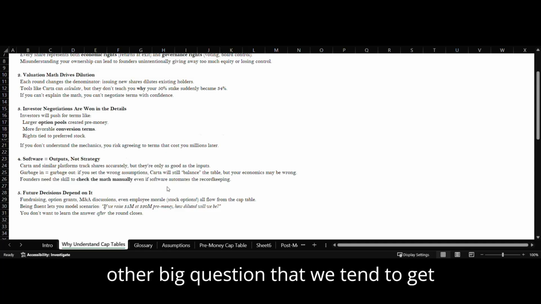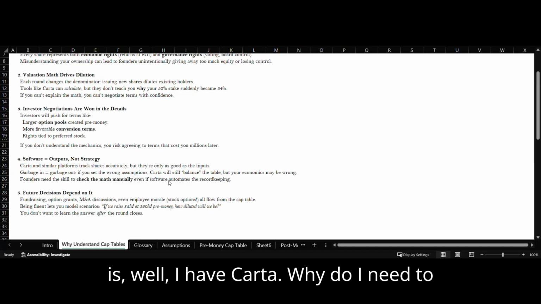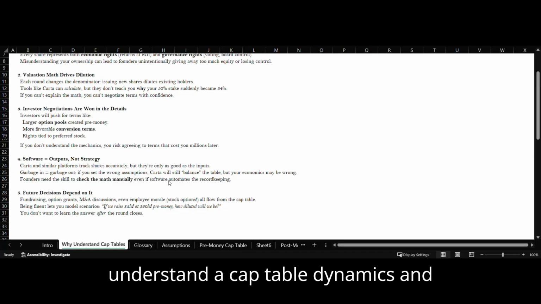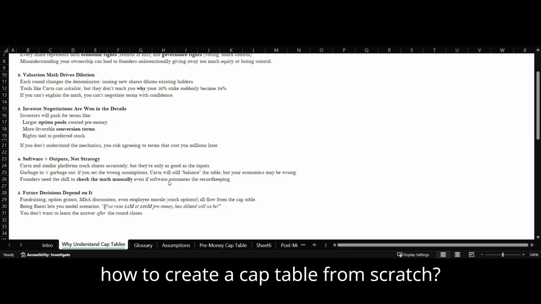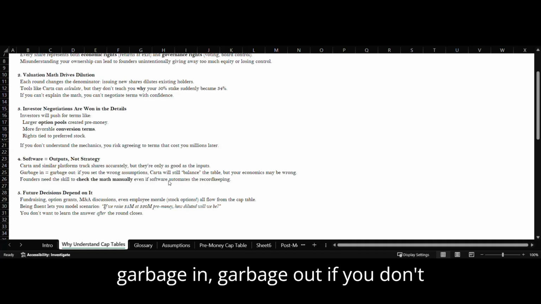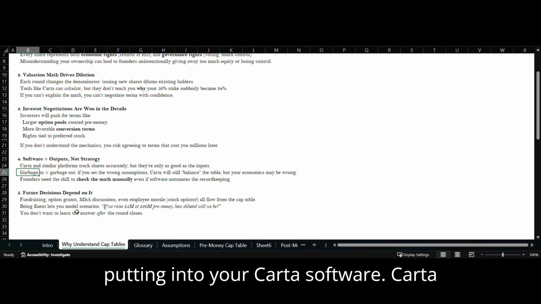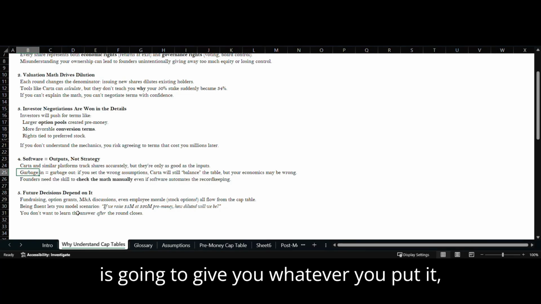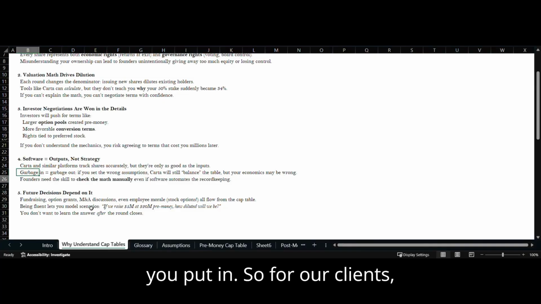The other big question that we tend to get is, well, I have Carta, why do I need to understand cap table dynamics and how to create a cap table from scratch? Well, it's like I'm saying here, garbage in, garbage out. If you don't understand what assumptions you're putting into your Carta software, Carta is going to give you whatever you put in.